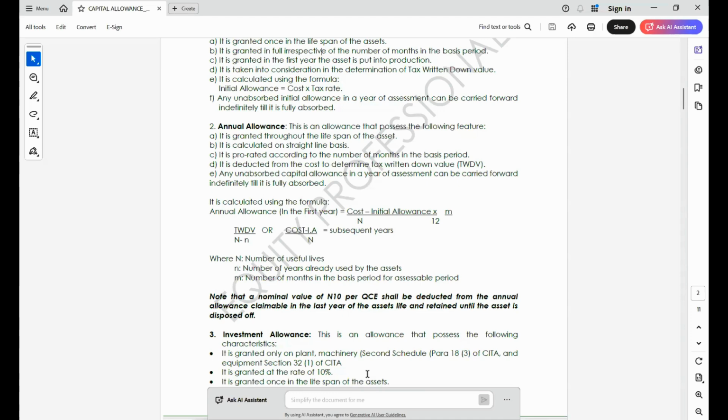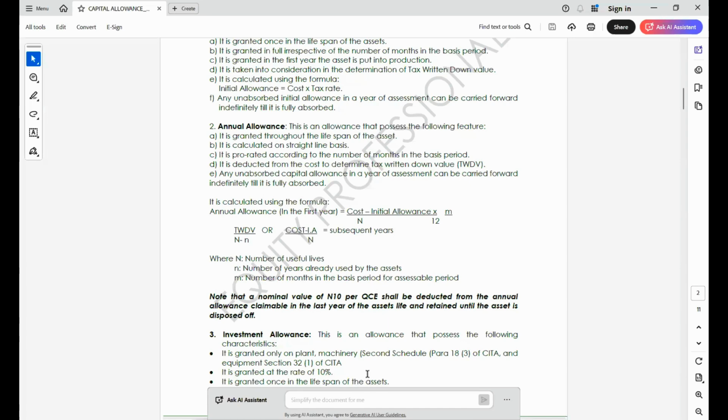I hope it's noted. So then this annual allowance, we said you are going to claim it throughout the useful life of the asset. There will be a time you are going to get to the end of the useful life. If you want to claim it for 5 years, you will definitely get to 5 years. By the time you get to 5 years, it is expected that the asset should not be given a zero amount.